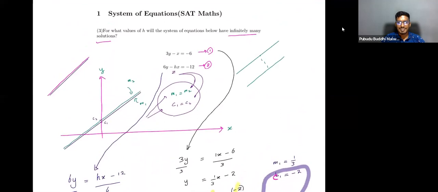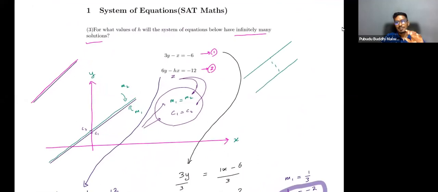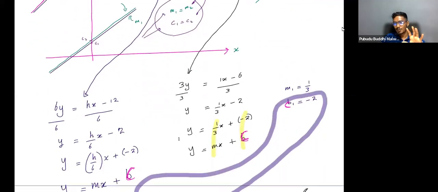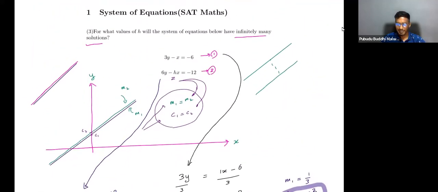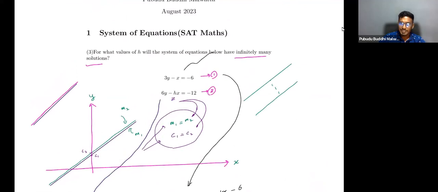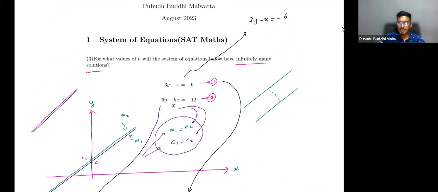And interestingly, you can do something like this. So we know that for H equals 2, we should get infinitely many solutions. Okay, let's see. Now the first equation, this is the first equation. But if I replace H by 2, what will happen? The second equation, that is 6y minus 2x equals minus 2.